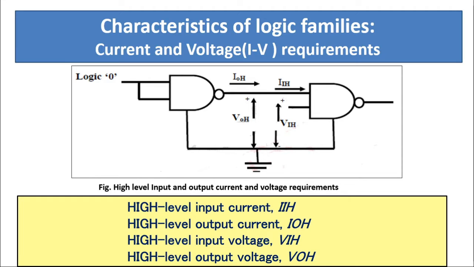Then high level input voltage, that is VIH, is the voltage when input is at logic high or logic 1, and high level output voltage is VOH, that is when the output voltage is at logic 1.